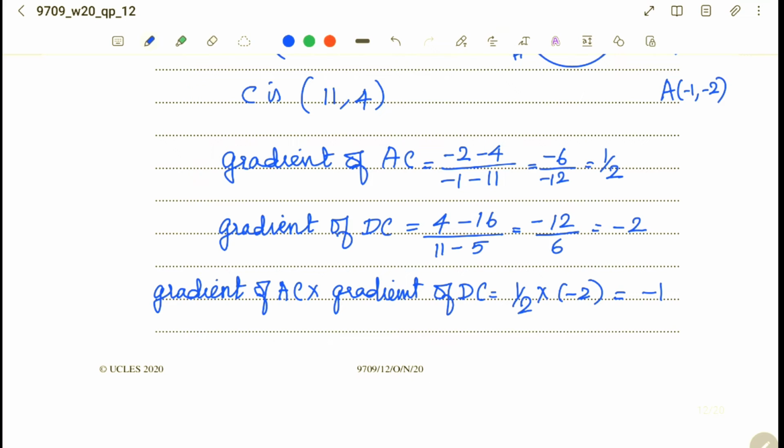So that indicates the lines AC and DC are perpendicular. So DC is a tangent to the circle.